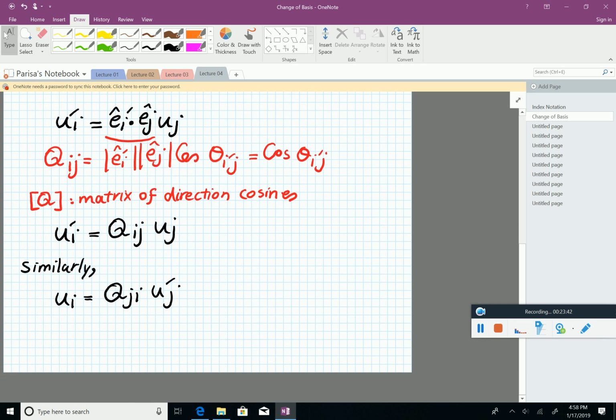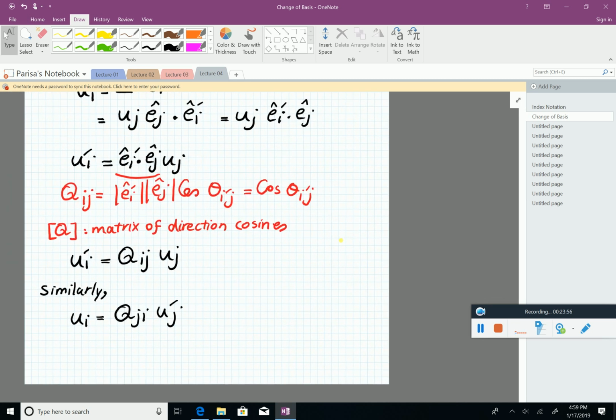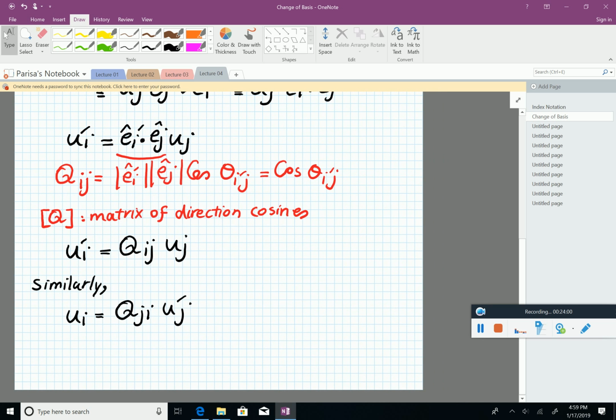If I wanted to do that, I would start from, I started here from writing u prime i. If I started from u_i, I would do exactly the same thing, and I come here. And you probably see where I'm going. I shouldn't go too much to the margins because when I make PDF, things go. Maybe I just go to the right-hand side to write that.